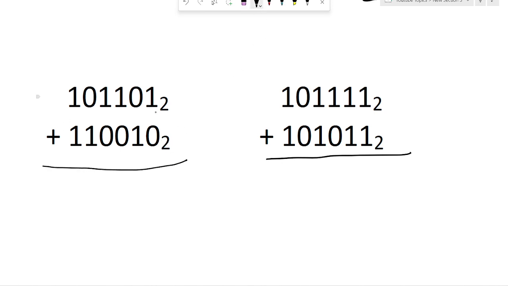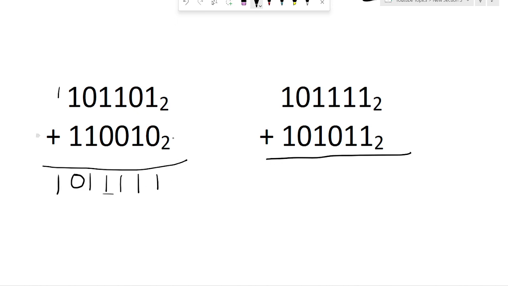Alright, so 0 plus 1, 0, 1 plus 1... oops, 1 plus 0 is 1, 1 plus 0 is 1, 1 plus 0 is 1, 1 plus 1 is 2, but we will not write 2, so we have a remainder of 0 and we carry the 1, and we will just rewrite that 1.